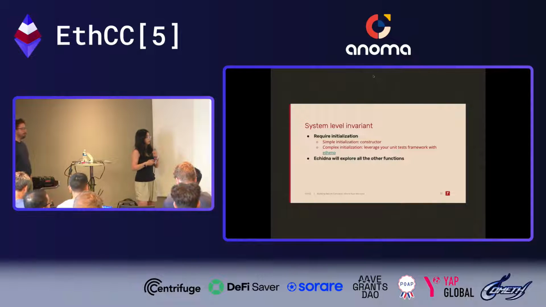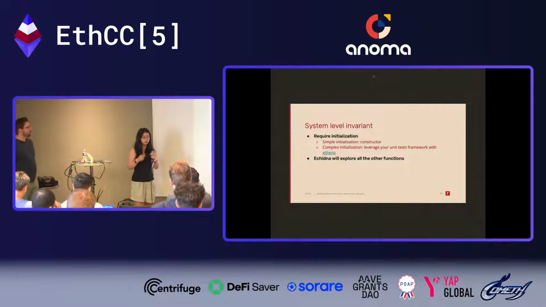The other option is especially true of very complex code bases that have many contracts that work together. You can also use either your unit test framework or your deployment scripts to deploy the set of contracts on essentially a local version of your blockchain, and then Echidna can start to fuzz on top of that.